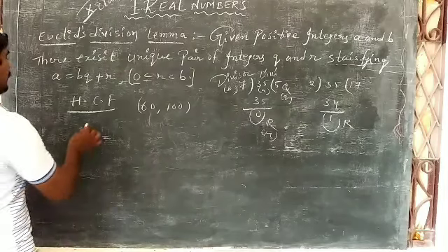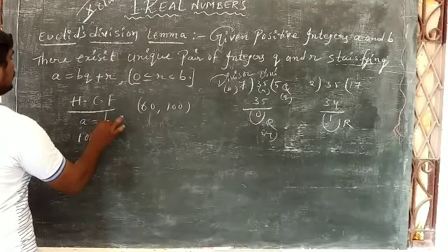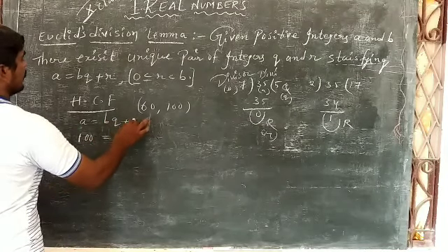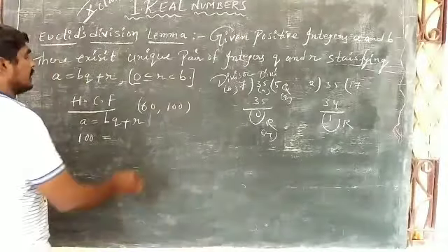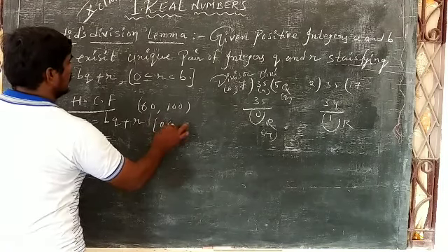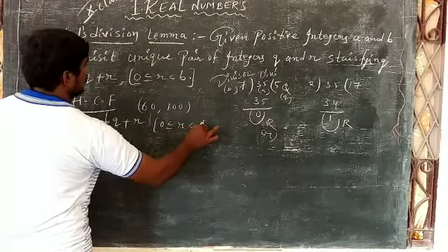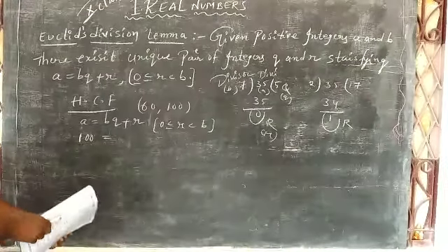Okay, first of all write the formula. We know the division algorithm rule, a is equal to bq plus r. The condition is 0 less than or equal to r less than b. Okay.